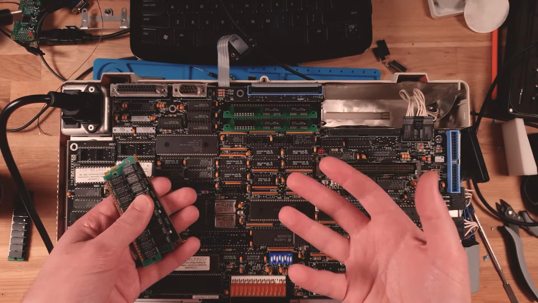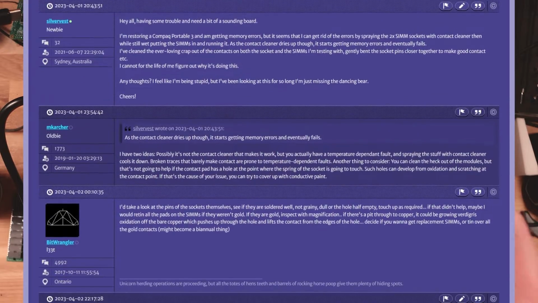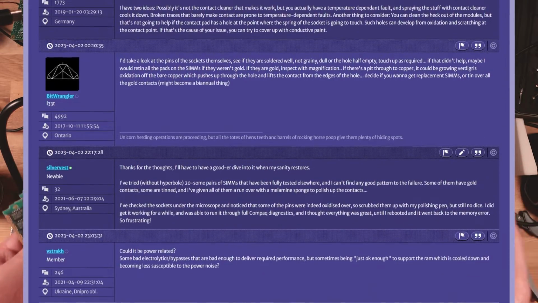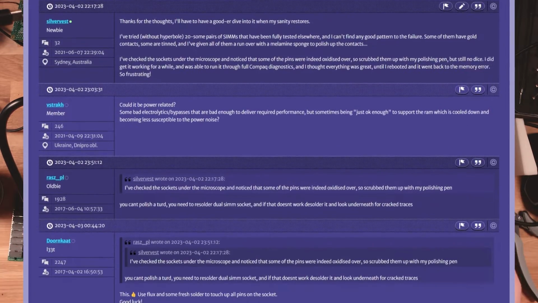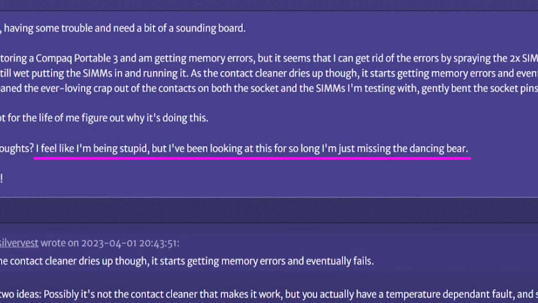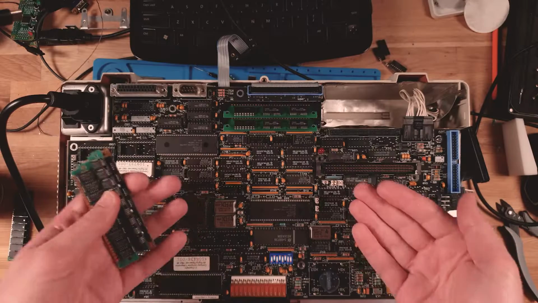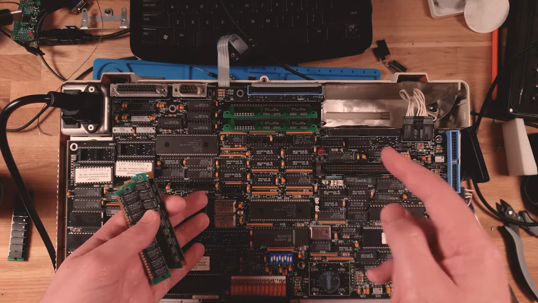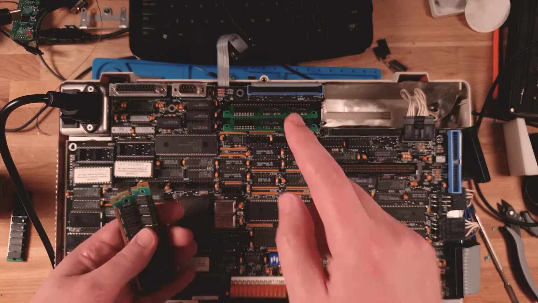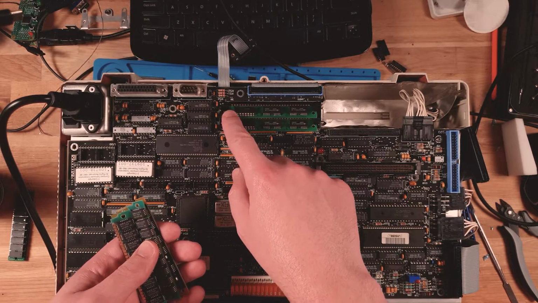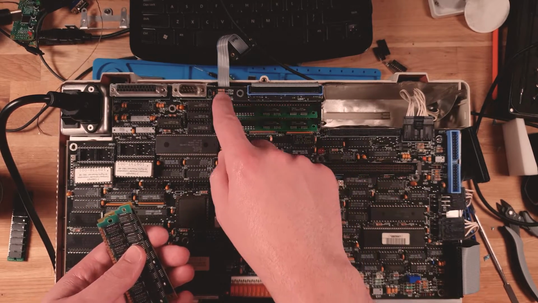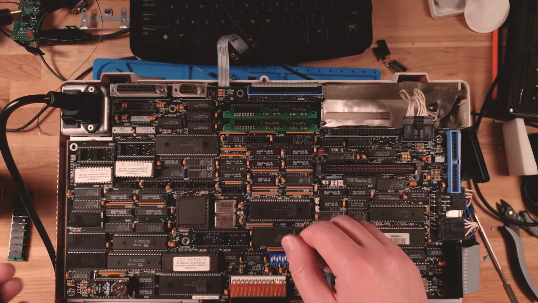I posted on the Vogons forum and had some sounding board advice because, as I posted there, I feel like I was missing the dancing bear. And missing the dancing bear, indeed I was, because what I just did is I pulled this board out and just resoldered the pins on these 2 SIM sockets.